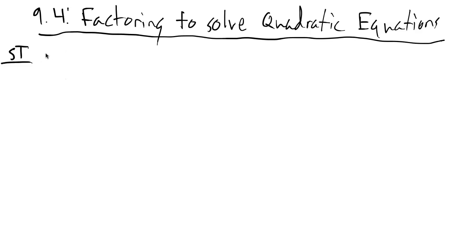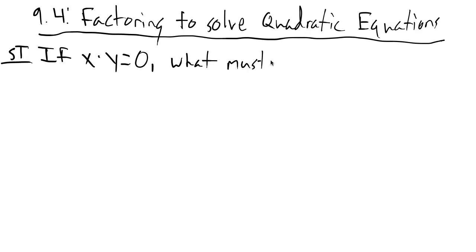If we have two numbers multiplied together, let's say we had x times y is equal to 0. So if we have two numbers that are multiplied together to equal 0, what must be true about one of the numbers? Let's think about this for a second.